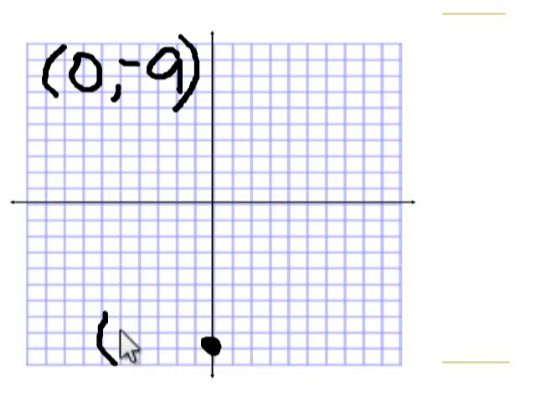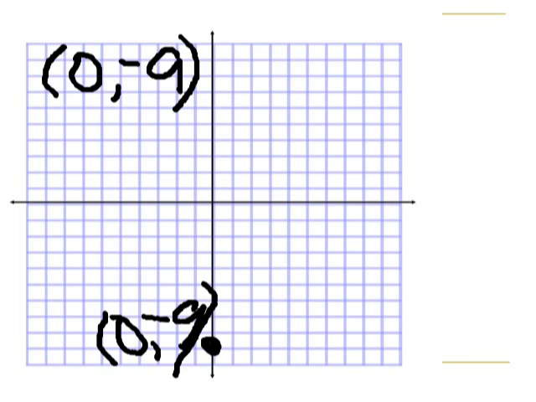And I'm going to ask you to write the ordered pair next to the point that you graph so that we know what point you mean by that dot. Okay, 0, -9. So now I have a trick question that I'm going to ask you. The trick question is, which quadrant is that point located in? So remember my quadrants.